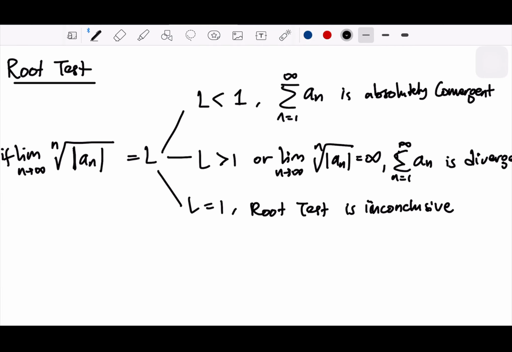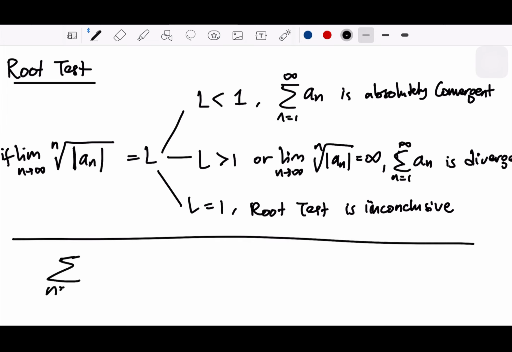Since it has the nth root, it must be obvious that the series will have some power of n. So whenever you see a series that has the power of n, for obvious reasons you will use the root test.